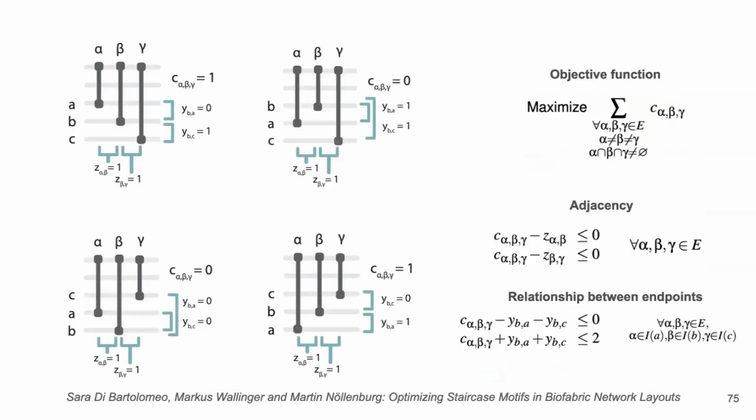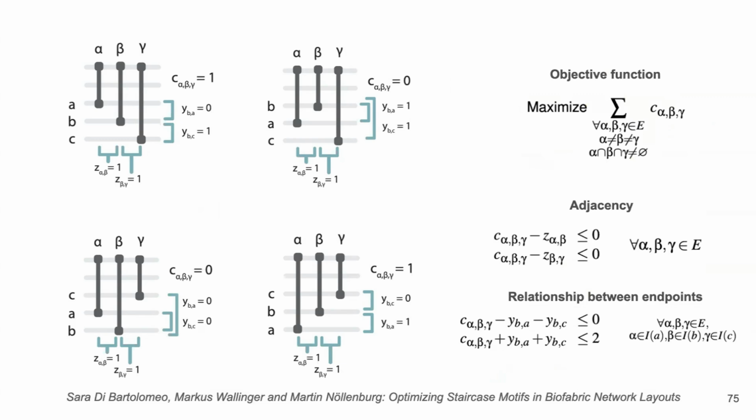I do not want to go too much into the detail of how the linear programming formulation worked, but what I wanted to show is that there are two combinations in which a staircase is formed.